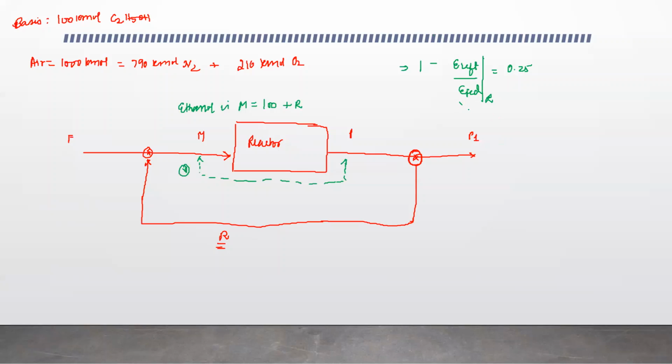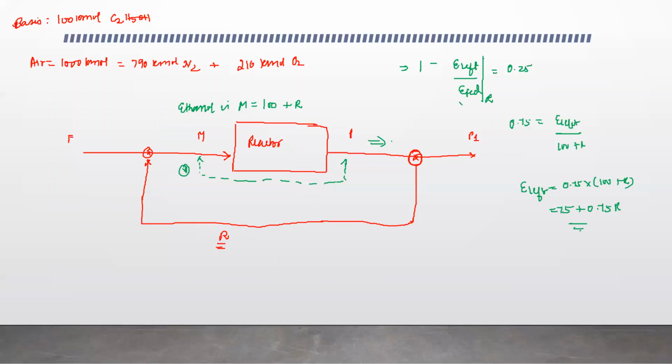So ethanol fed to the reactor is 100 plus R. So we'll get 0.75 is equal to E left upon E fed, where E fed is 100 plus R. Therefore, ethanol left is going to be 0.75 into 100 plus R, that is 75 plus 0.75 R. This is the ethanol that is over here.